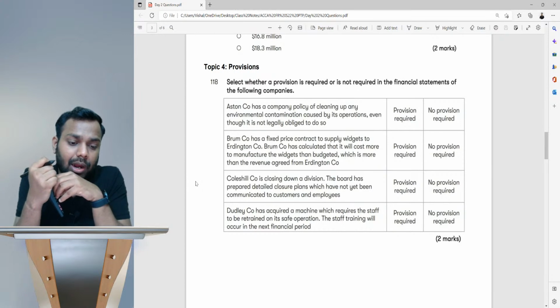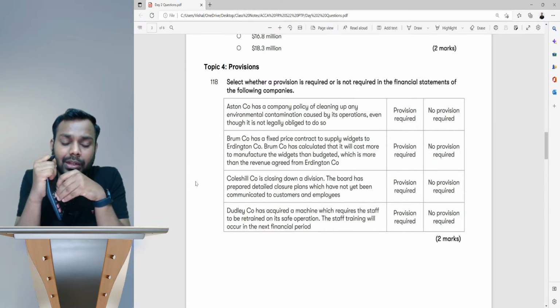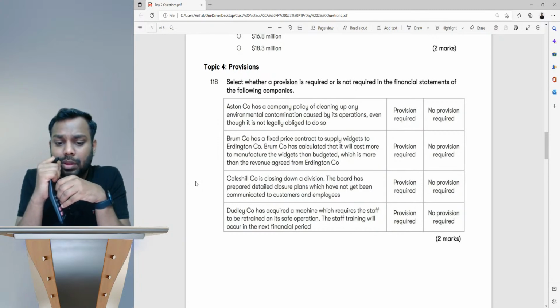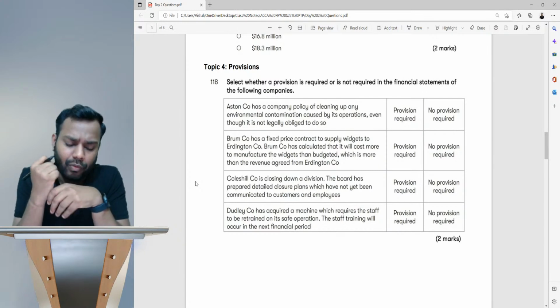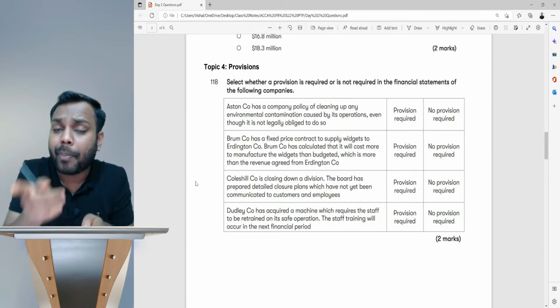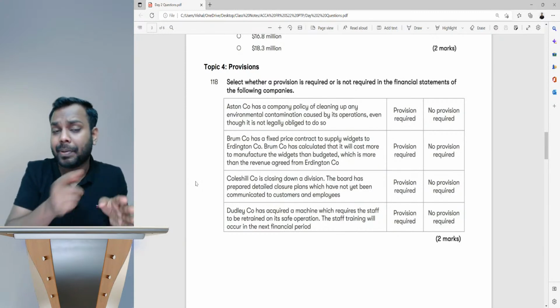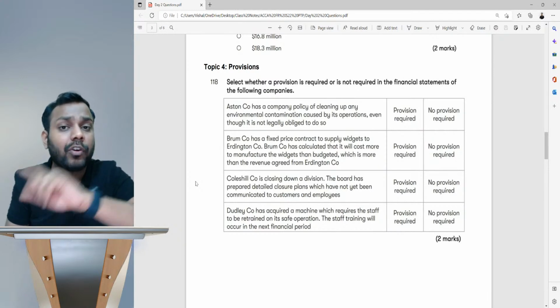Fourth point, Dudley company has acquired a machine which requires staff training cost, staff to be retrained on its safe operation. The staff training will occur in the next financial period. Have I entered into an obligation as of now? What is the meaning of provision? Present obligation arising out of past events or probable obligation arising out of past events.